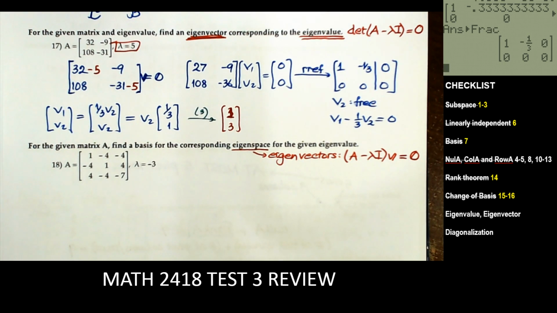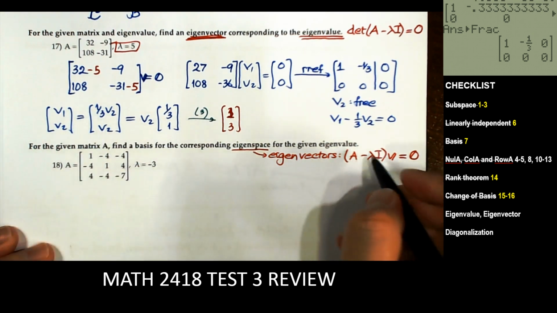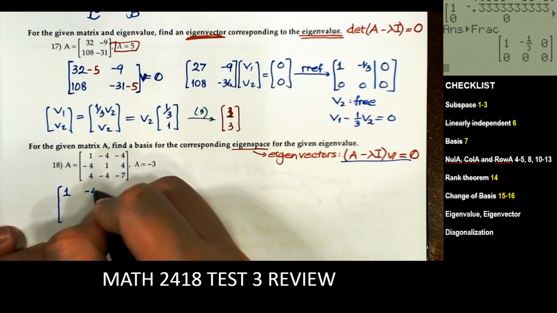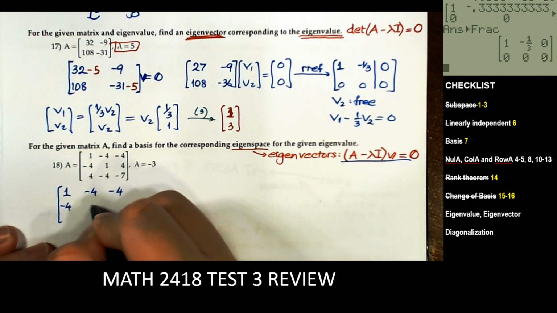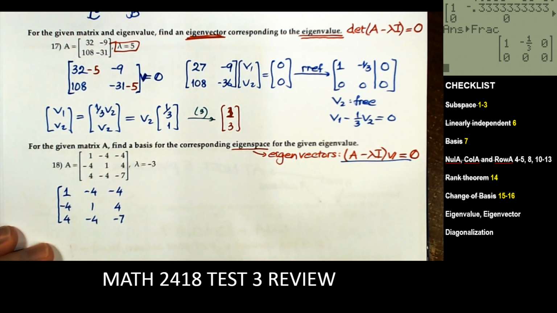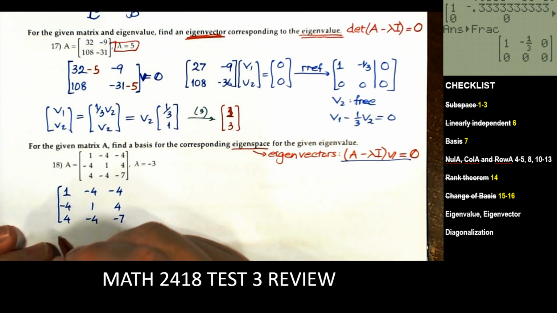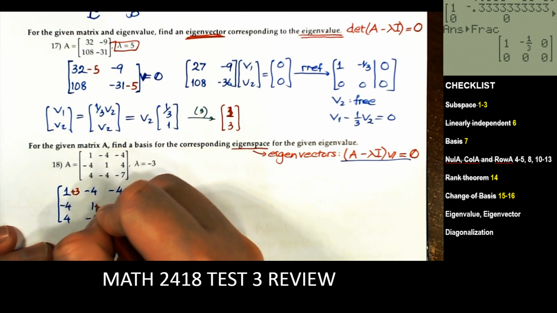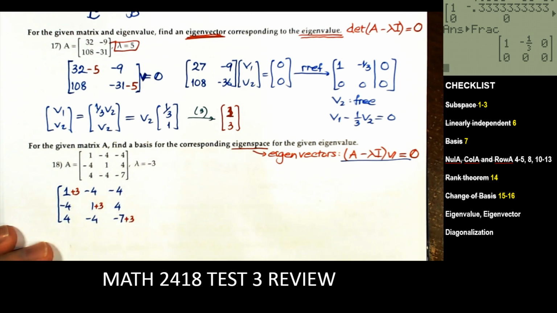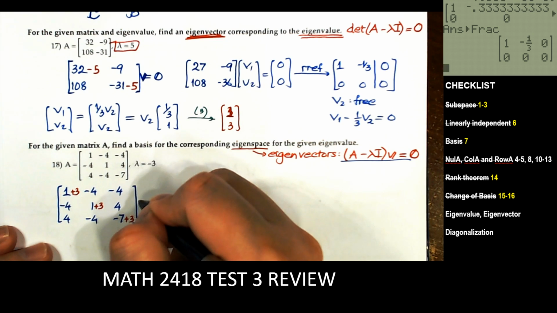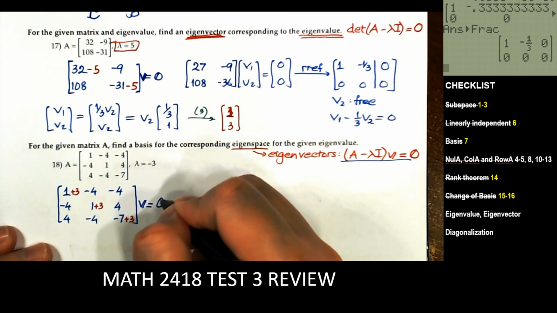The same for the next problem. We're going to solve this equation, so we will have that matrix and subtract the lambda on the diagonal, so minus -3, so that's like +3 on the diagonal, and multiply by vector v equal to the 0 vector.